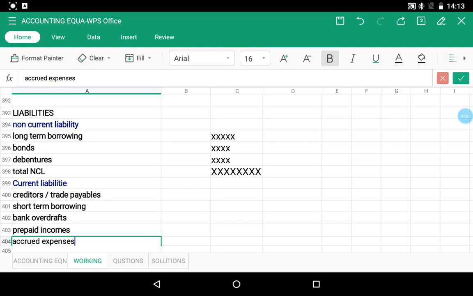When you talk about accrued expenses, you have used the rent or any expenses. It means insurance. You have used insurance for 2026, but you have not paid.